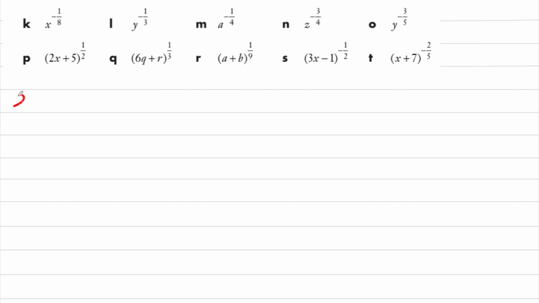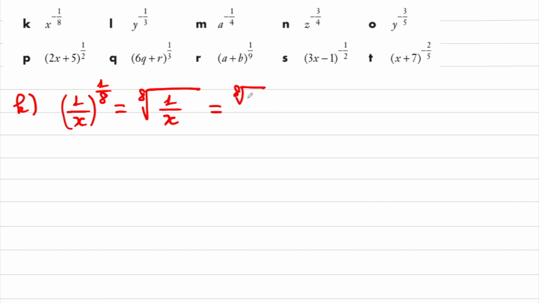Question k, you got 1 over x and 1 over 8 outside. So you got 8th root of this fraction, and then you got 8th root of 1 and 8th root of x. So for 1 you still get 1. So for x you got 8th root of x by this writing.